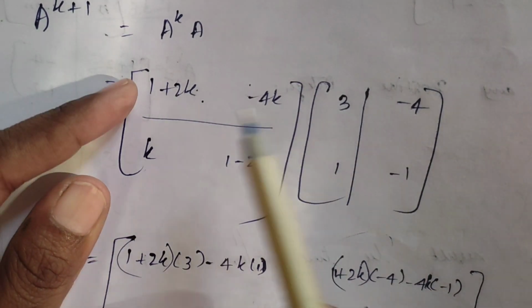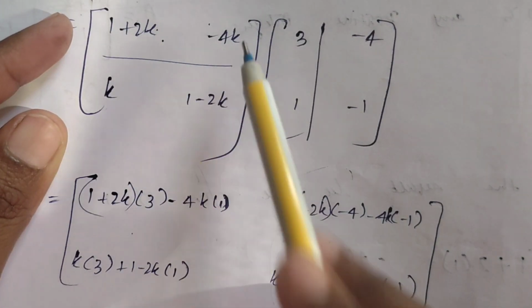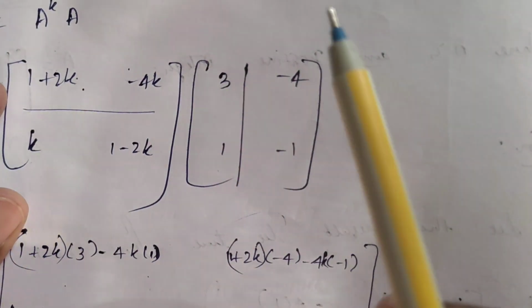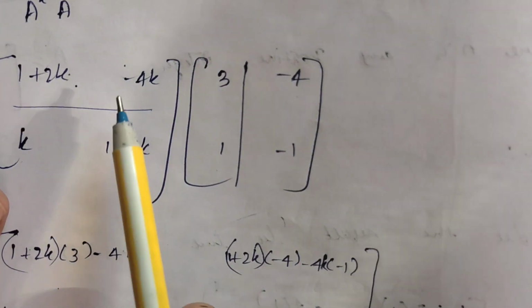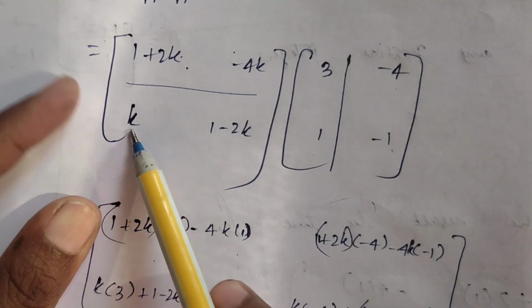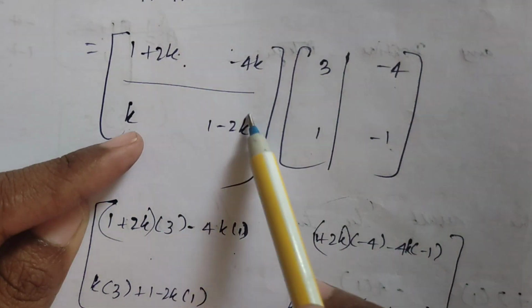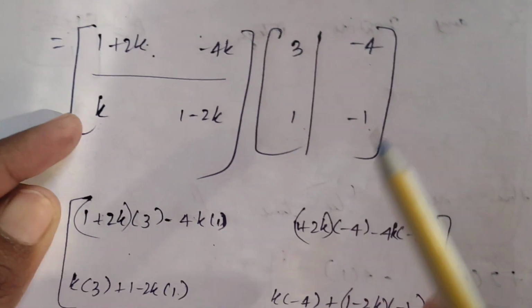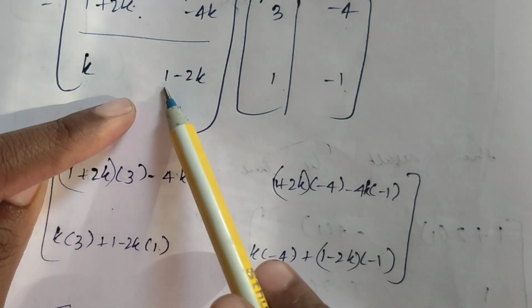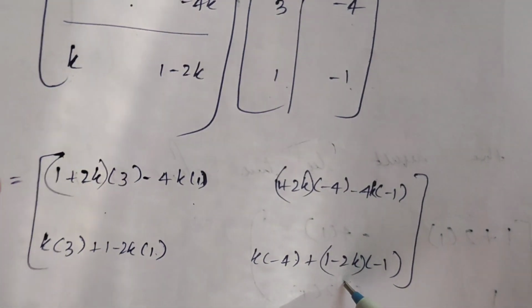On multiplying, 3 into 1 plus 2k, minus 4k into 1. Next, 1 plus 2k into minus 4, plus minus 4k into minus 1. The next element, k into 3, 1 minus 2k into 1. The next element is k into minus 4, plus 1 minus 2k into minus 1.